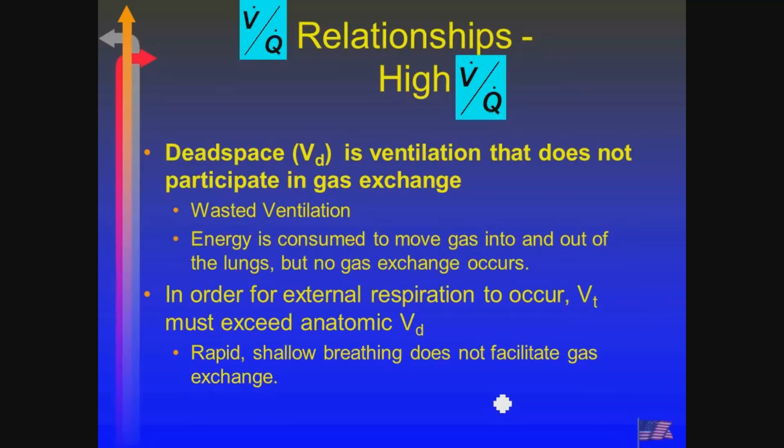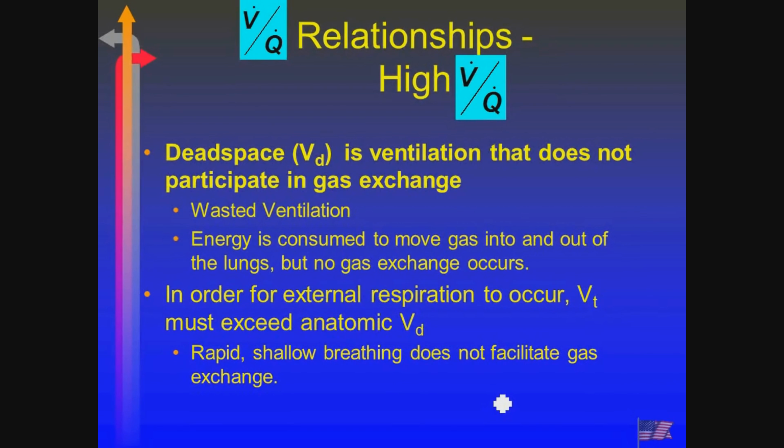Now, obviously, in order for external respiration to occur, you have to have tidal volume exceeding anatomic dead space, and that's why that rapid, shallow breathing pattern you see in somebody who's in respiratory distress is ineffective. Because then you start getting to the point where tidal volume is barely exceeding dead space, well, that's not going to be an effective ventilation.